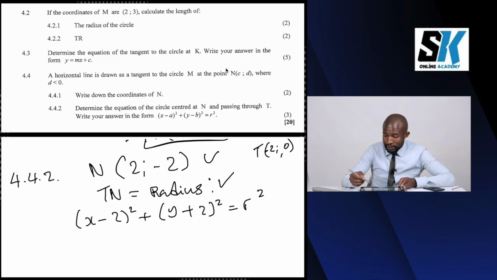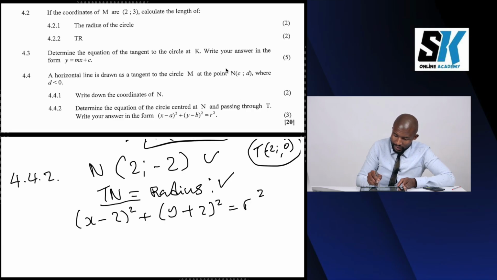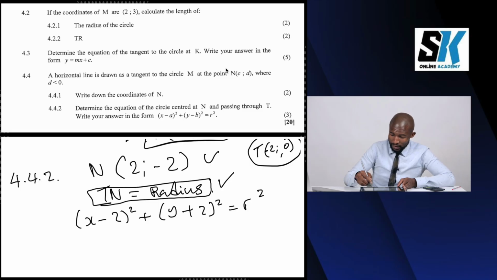So to get the radius of this new circle that they are talking about now, we have to find the length or the distance of Tn so that we get the radius. We might as well use the coordinates of T to get r squared. So we can substitute the coordinates of T into that entire equation.